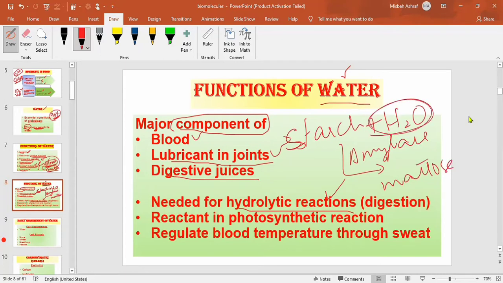Right? So this takes place in the presence of water, and this is digestion. Those processes which occur in the presence of water are known as hydrolytic reactions. Hydrolytic means that the water helps in the breakdown of starch into maltose.